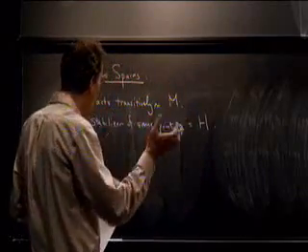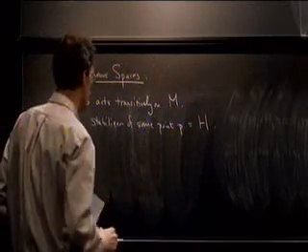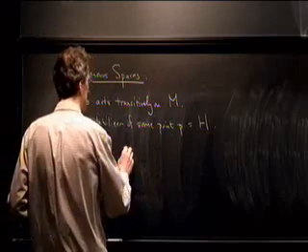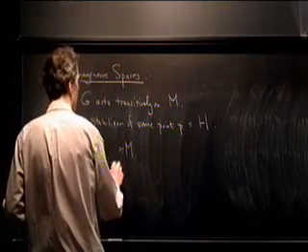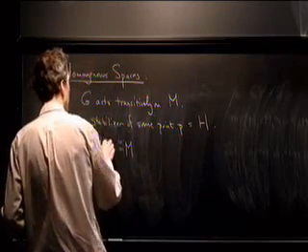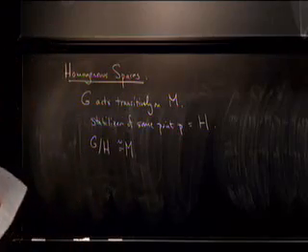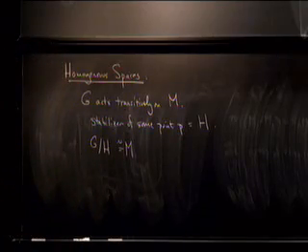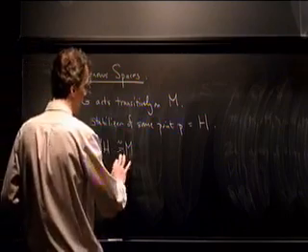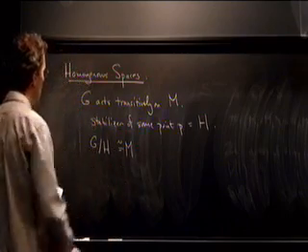As you change the point, you'll get conjugate subgroups. And you can identify this M here as G mod H. If the G's and H's are compact, there's not going to be any problem here. This will be a nice manifold.